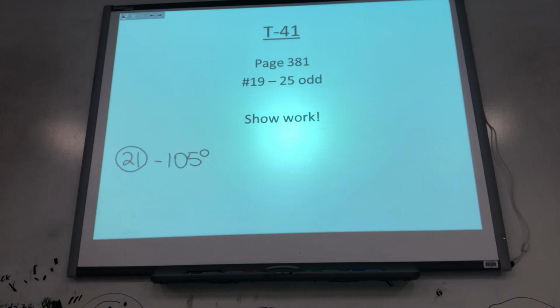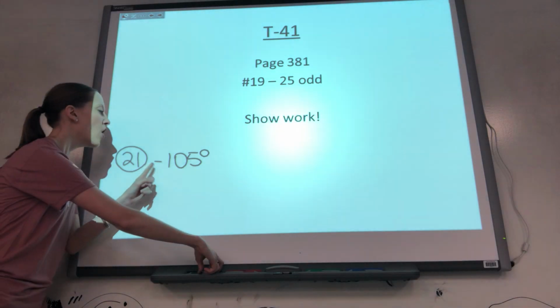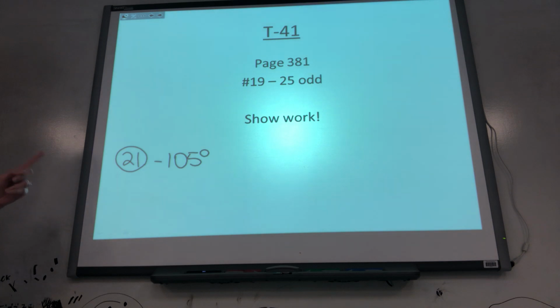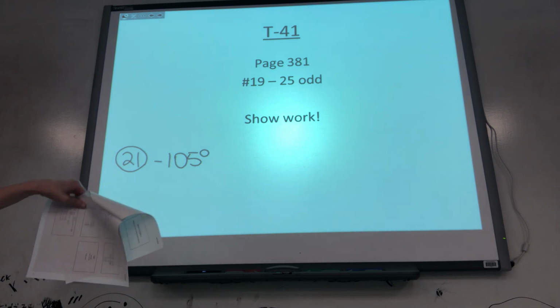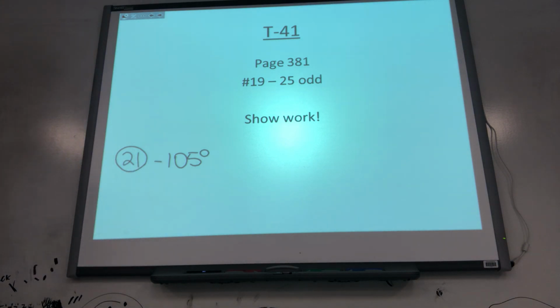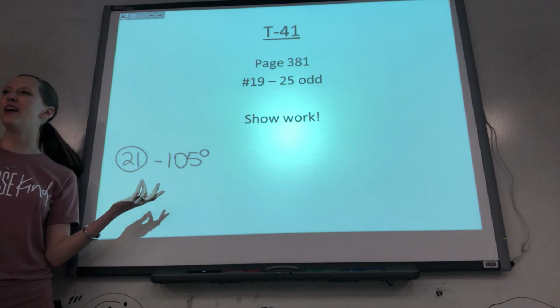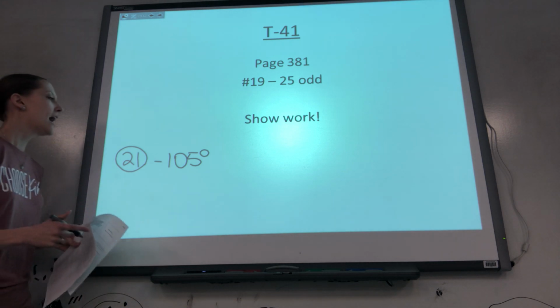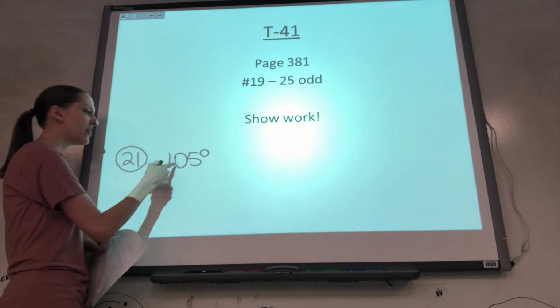Okay. It says negative 105 degrees. Negative 105 degrees. We didn't have any negatives in our notes today. And I guess it's possible, I don't know on this angle, but maybe on some angles you could find a couple other angles that would subtract to give you a negative. That might work, but I don't know if it works too well on this.